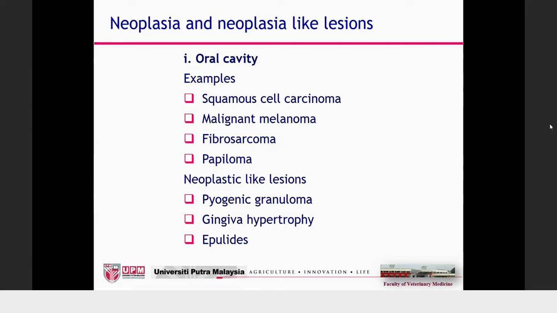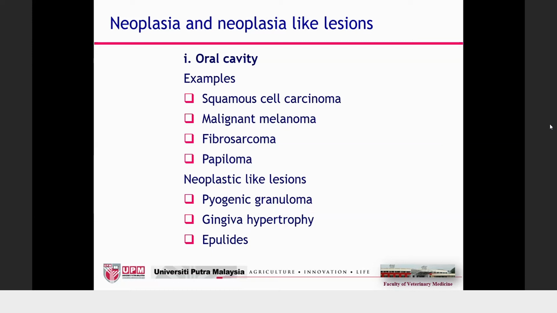And epulis also occasionally looks like neoplasia. So again, these are challenges between neoplasia and neoplastic-like lesions. But of course, it's very straightforward for us to identify squamous cell carcinoma, malignant melanoma, and papilloma. Maybe fibrosarcoma is a bit challenging, particularly when you have a case of chronic pyogenic granuloma.